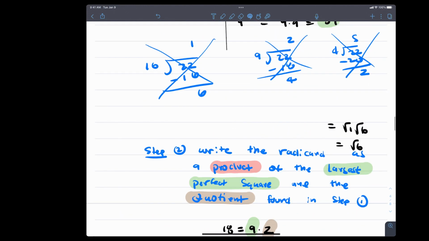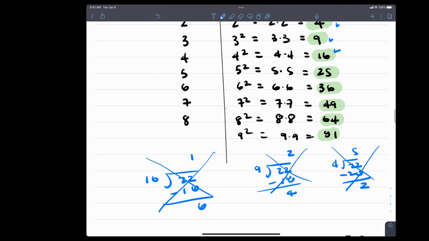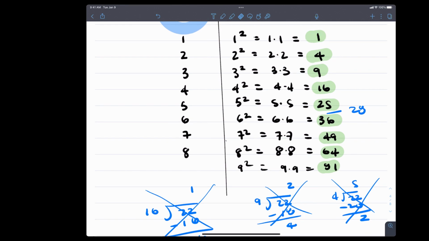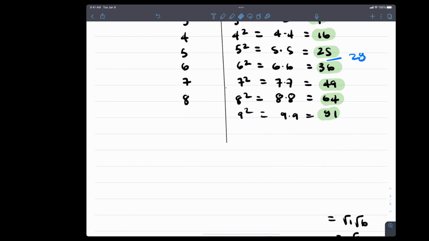And you say, what about 28? 28 is over here. 25 goes into 28 how many times? 25, subtract, the remainder is 3. It's not 25, right? Now check 16.